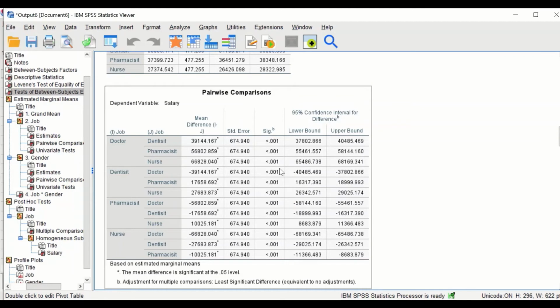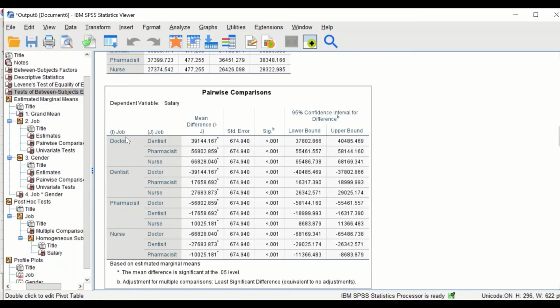Since we found out that there are differences between all four professions in terms of salaries, then the Tukey test will compare groups together and make all possible combinations to find which one is significant and which one is not.